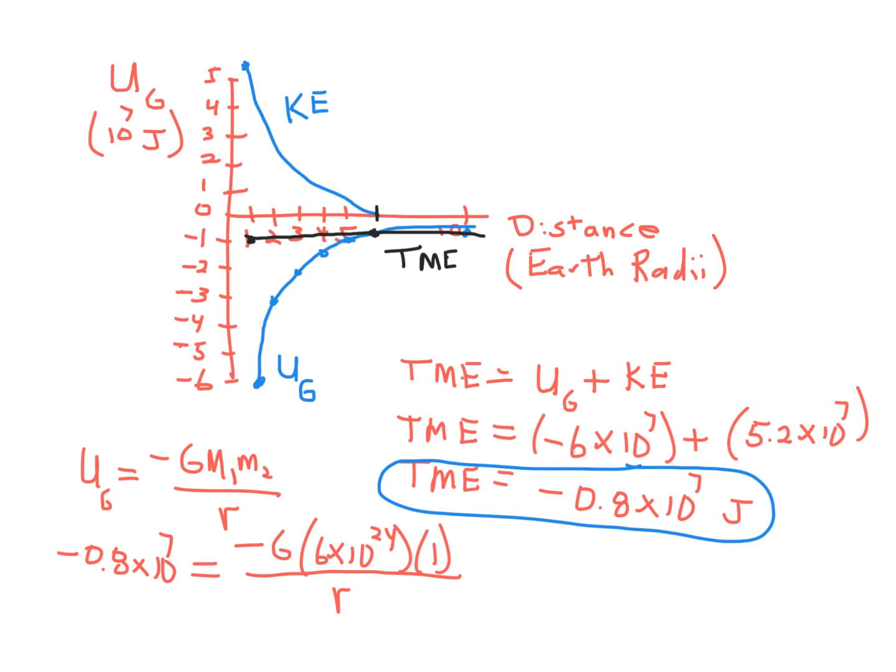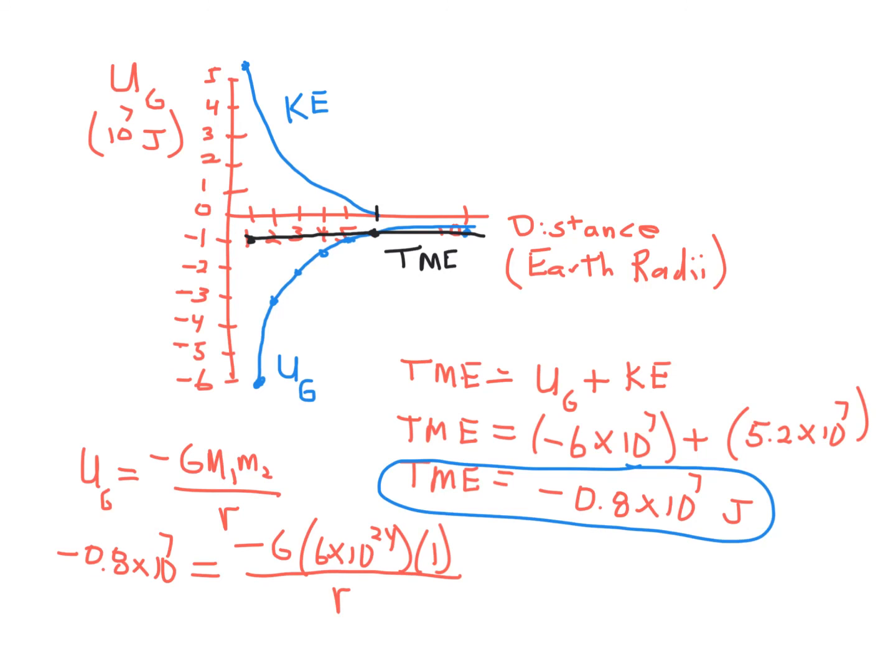Or to give you another example, what if I were to launch a rocket with, say, positive 8 times 10 to the 7th joules of kinetic energy, which is more than the lowest amount of potential energy? Or in other words, if I add at the beginning, at that surface location, the negative 6 times 10 to the 7th, and then positive 8 times 10 to the 7th kinetic energy, you have a total mechanical energy of 2 times 10 to the 7th.